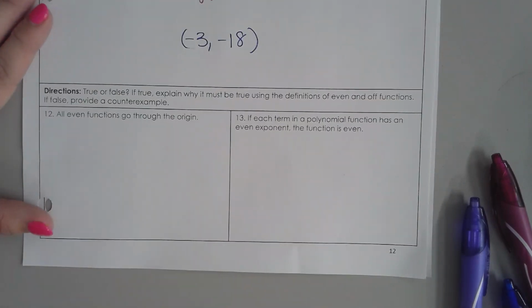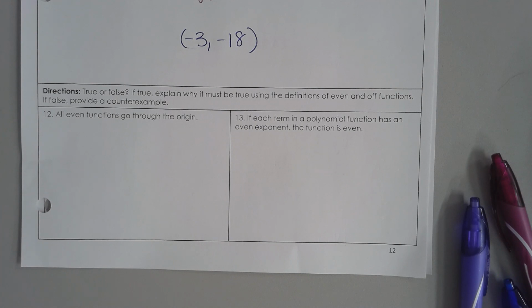All right, these last two, true or false. If true, explain why. If false, provide a counterexample. That means give me an example that makes it false. Number 12, all even functions go through the origin. What do we think? Think it's true?